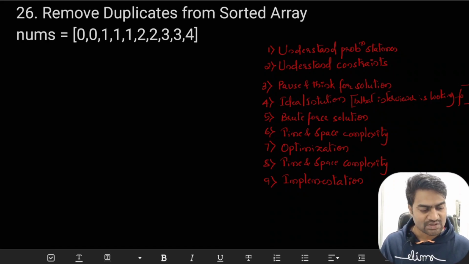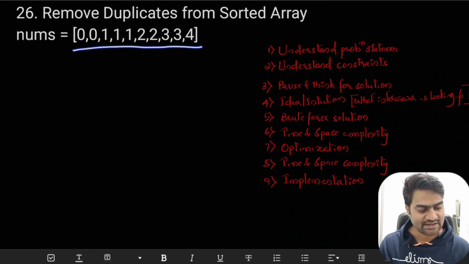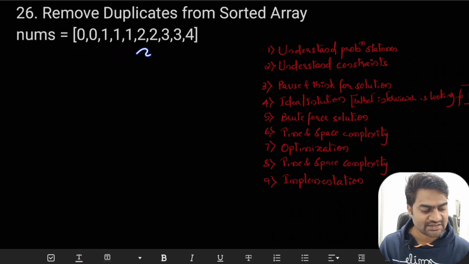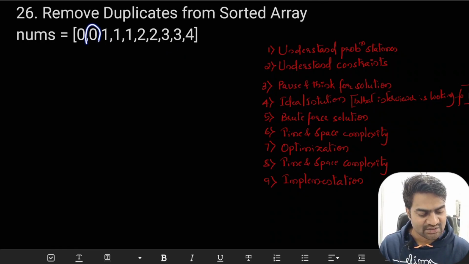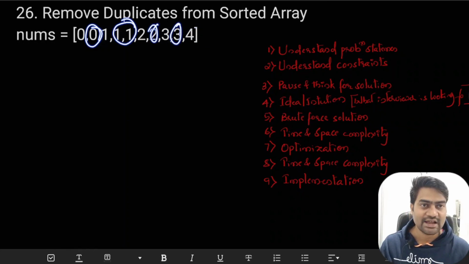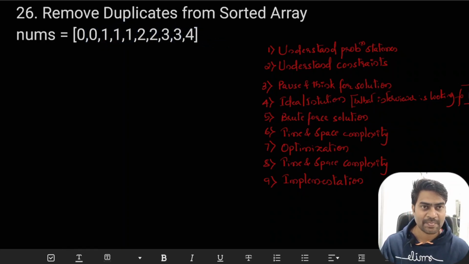So now, they have given this particular array. It is already a sorted array in increasing order, but it contains duplicate elements. As you see, there is 0, there are 1s, there is 2, there is 3, and there is no 4 in the array. So it means it contains duplicate numbers.